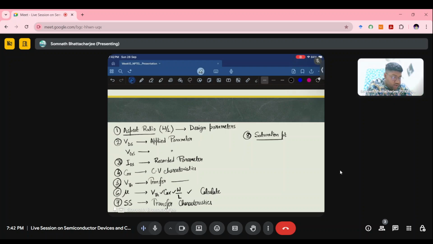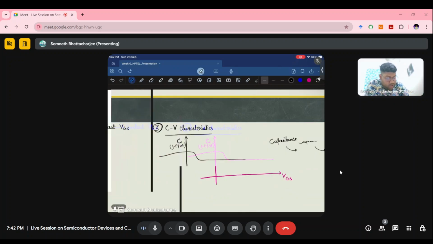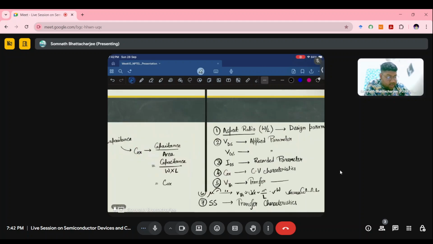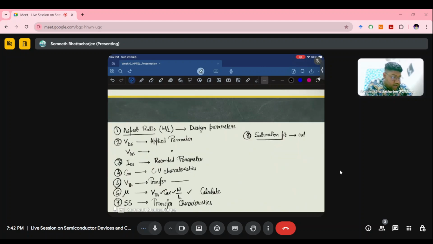To get the saturation point, from a certain value of this, we can get this VGS minus VTH point. From this point onwards, this is the saturation region, and based on the output characteristics, we can directly get the saturation point as well.